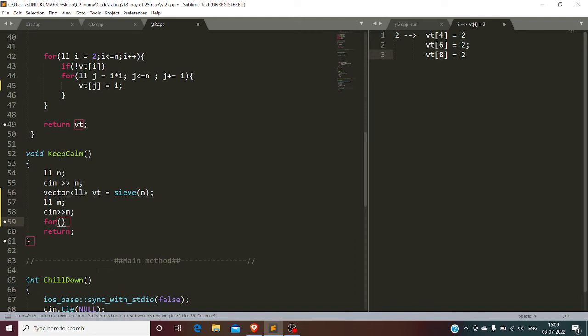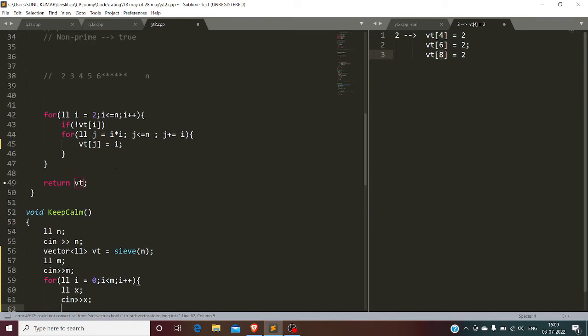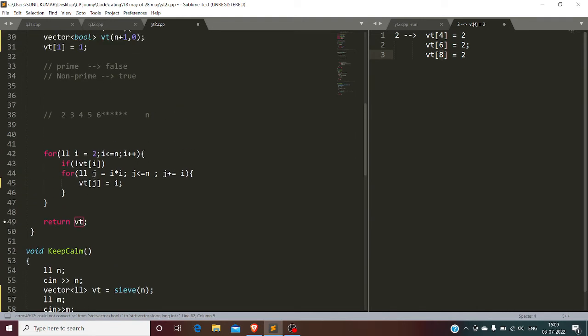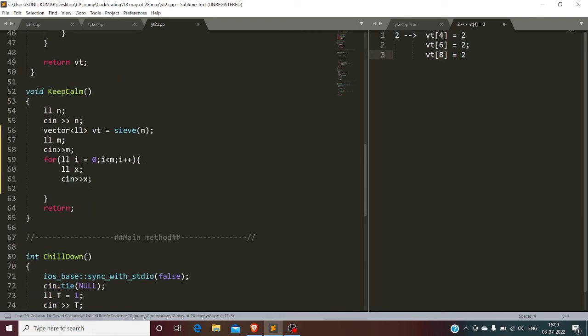So we go till m, do i plus plus, and input the integer, and now we need to do its prime factorization, right? Why is it showing me red? Okay, it's not a vector of bool, it should be vector of long, right?